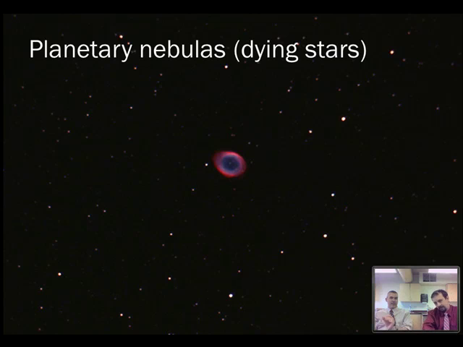It's not as bright as a planet, but it's not a point like a star. So that's why they were called planetary nebulas, because it was a nebula that looked kind of like a planet. And these are formed from dying stars.